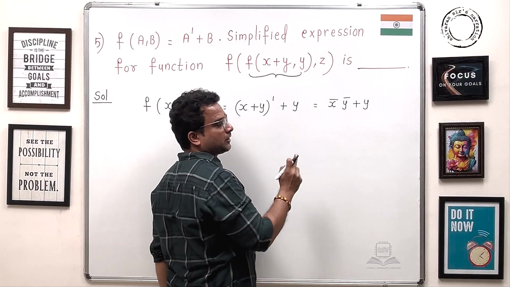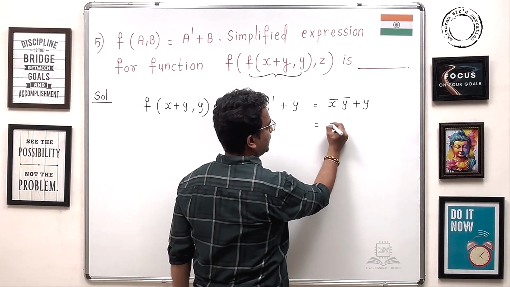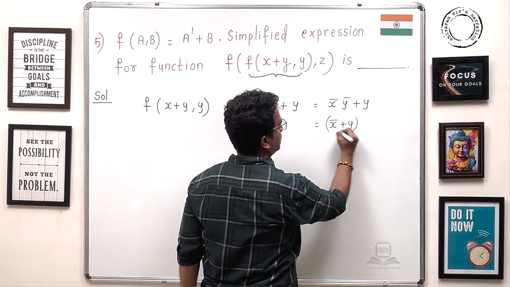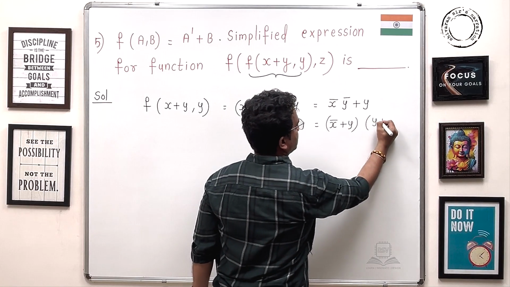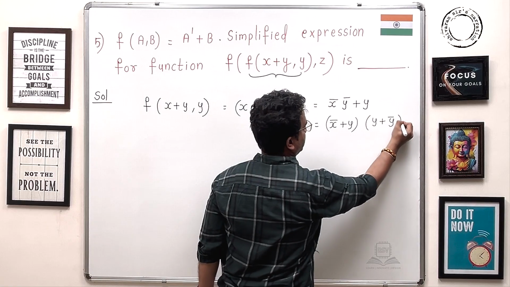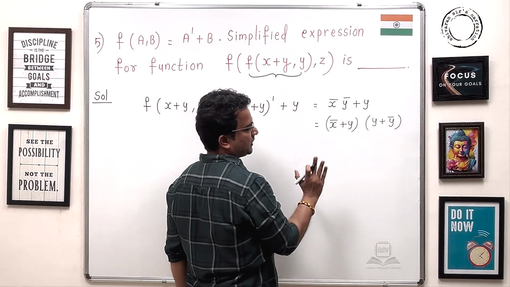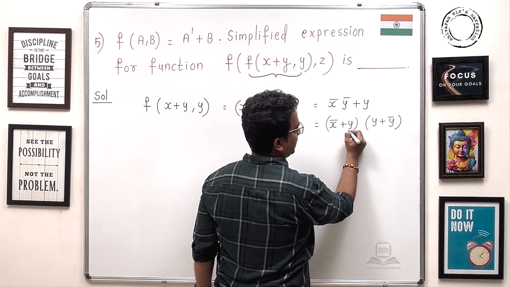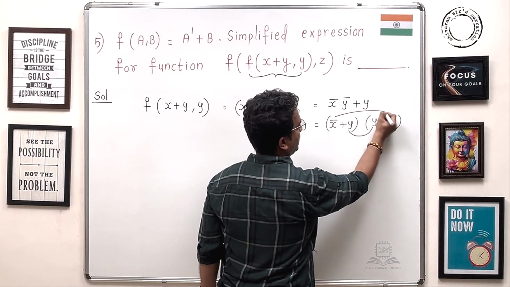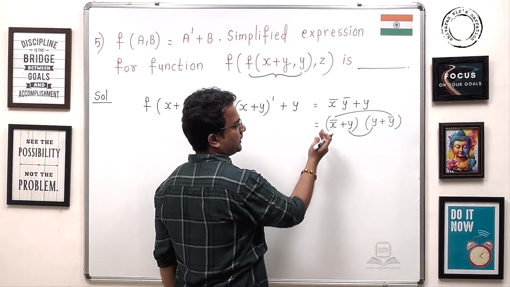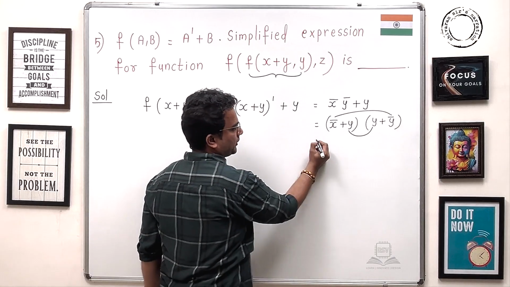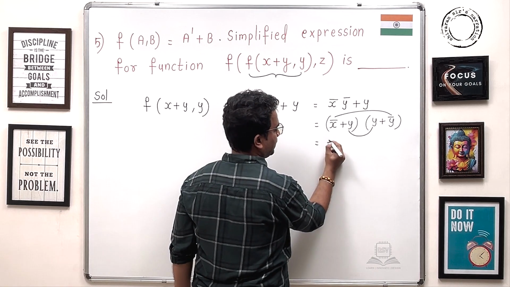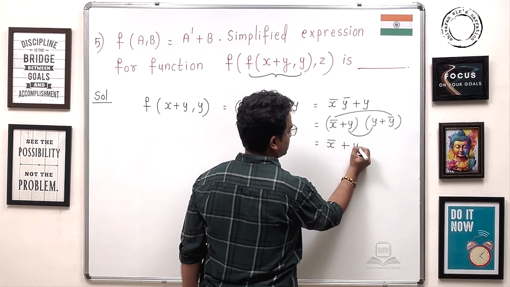Now by using the distribution theorem, you can rewrite it as x bar plus y into y plus y bar. Isn't it guys? Yes. So here you see this is y, so that x bar y bar, isn't it? Yes. Now here what is y plus y bar? 1. Then the simplified term is x bar plus y.